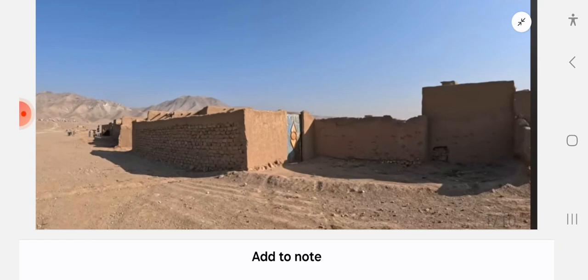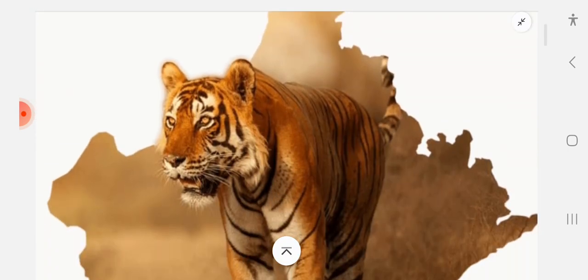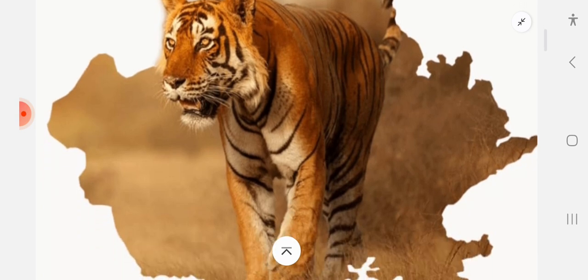First of all, when we talk about the national park, let us have a look at the geography. As you can see in the map in the back, that is the map of Rajasthan. And Rajasthan is the state in India that has the largest area.